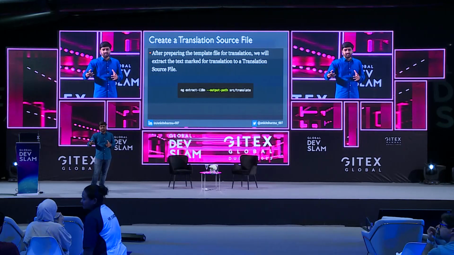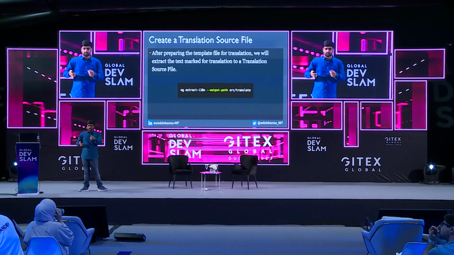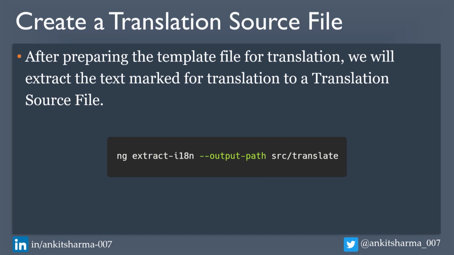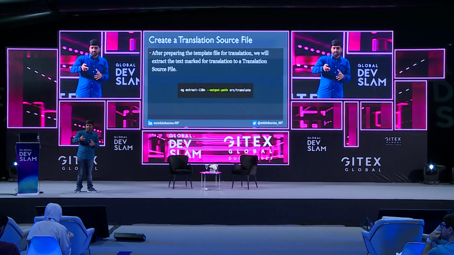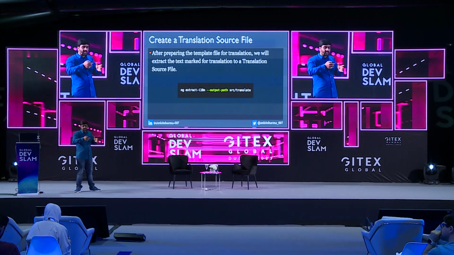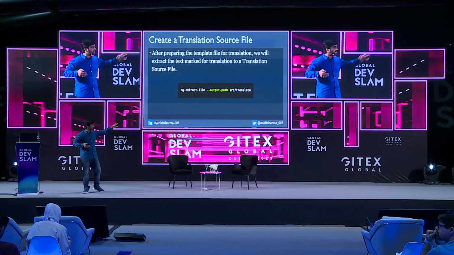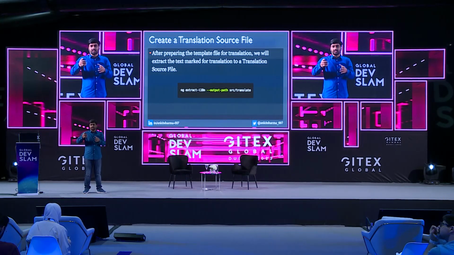That language expert is going to translate the words. For that, we use the command ng extract-i18n. Optionally, we can also provide an output path. For example, here I am saying that it should extract the file into the src/translate folder. Whatever file is extracted will be stored in this output path.